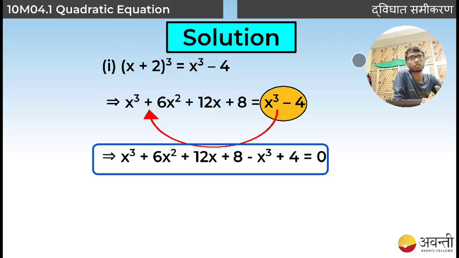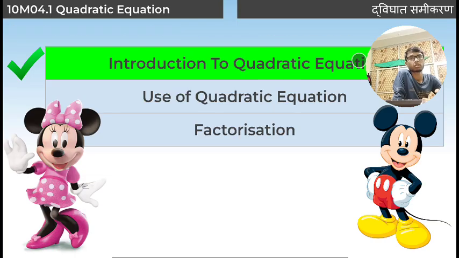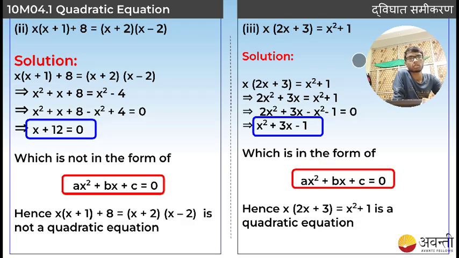This is for you. Same here, you can see. Here what is happening? x plus 12 is equal to 0, which is not in the form, but it can be.